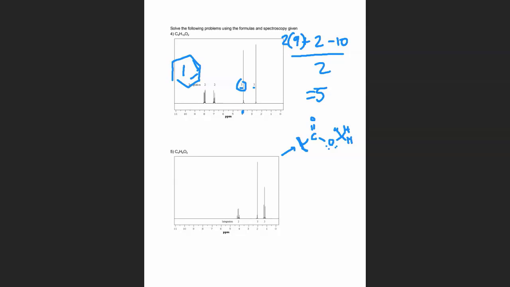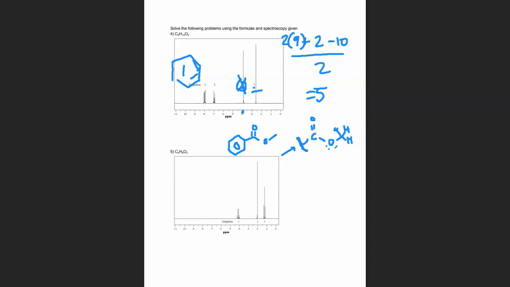And so we can actually put the benzene ring at that position, so like right over here. So that takes care of this 3 hydrogen peak.